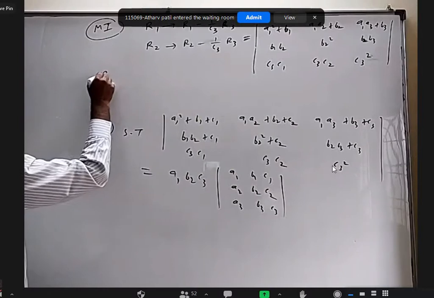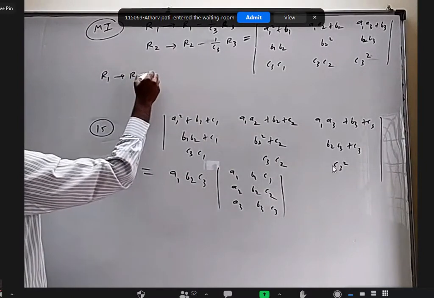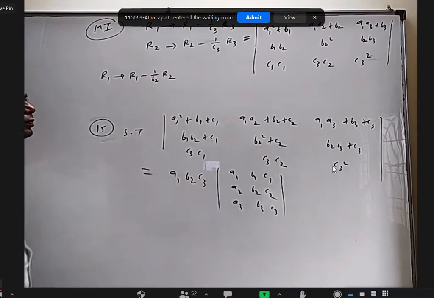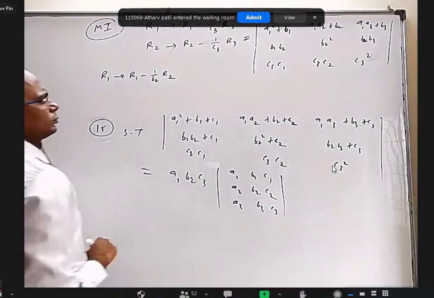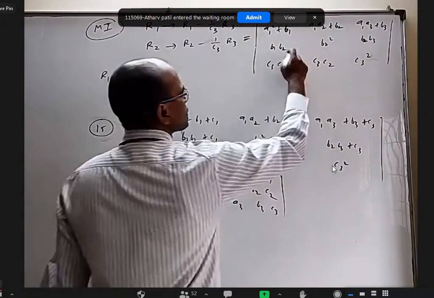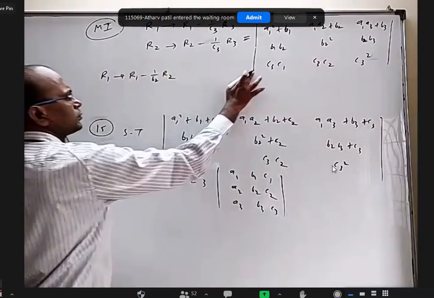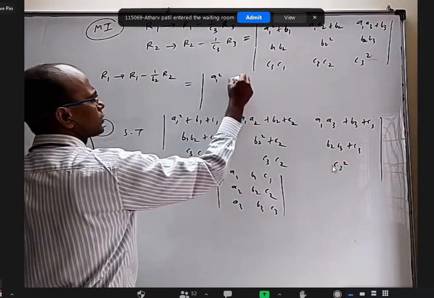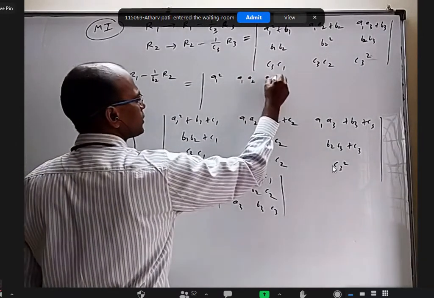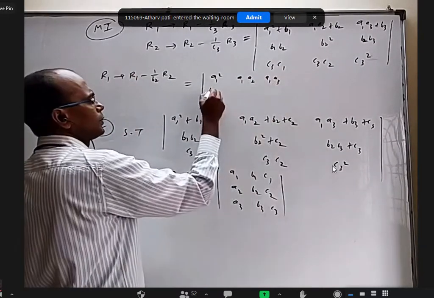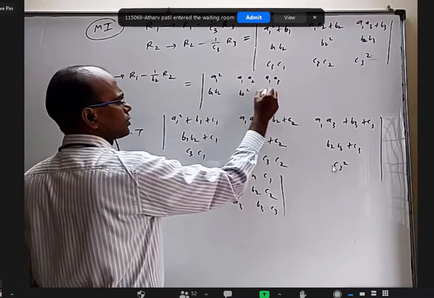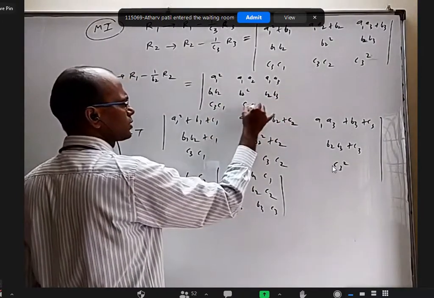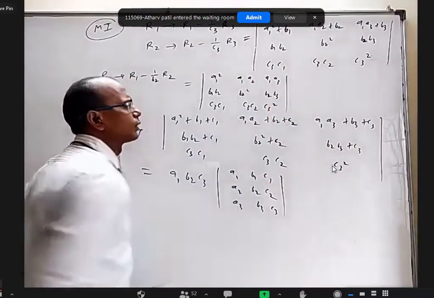Now I can write R1 as R1 minus 1 by B2 times R2. When I divide this by B2 and subtract here, I will be getting A1 square, A1, A2, A1, A3, B1, B2, B2 square, B2, B3, and C3, C1, C3, C2, C3 square.